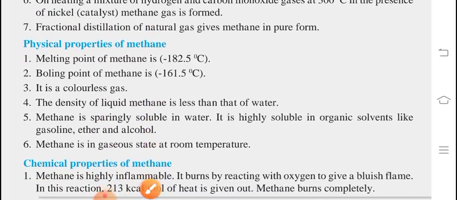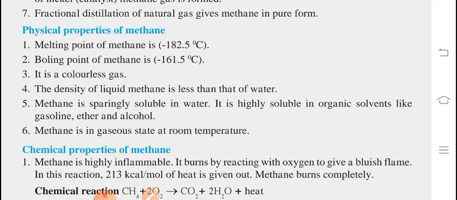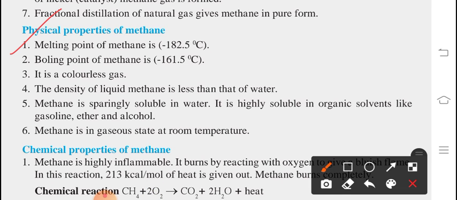Here are a few physical properties of methane. The melting point of methane is minus 182.5 degrees Celsius. Its boiling point is minus 161.5 degrees Celsius. It is a colorless gas. It does not have any color.